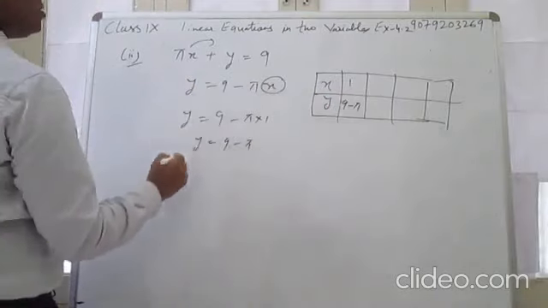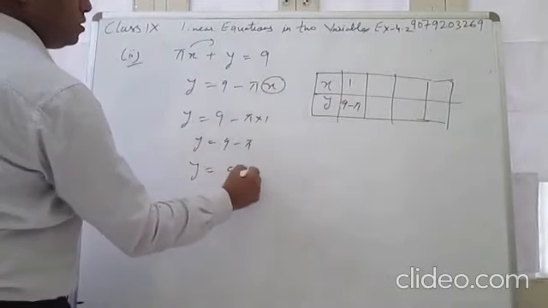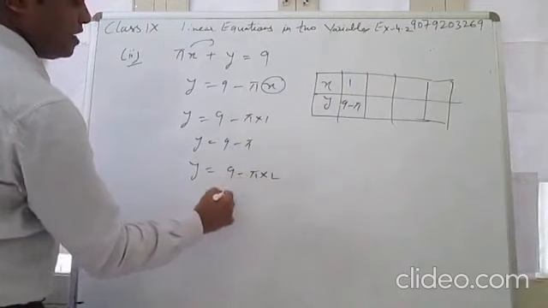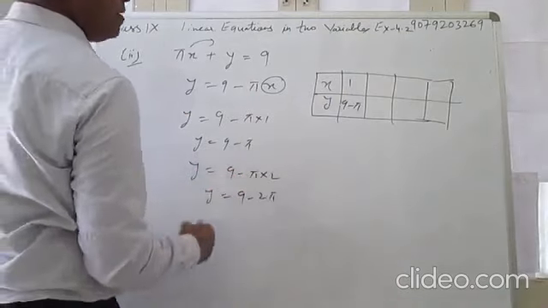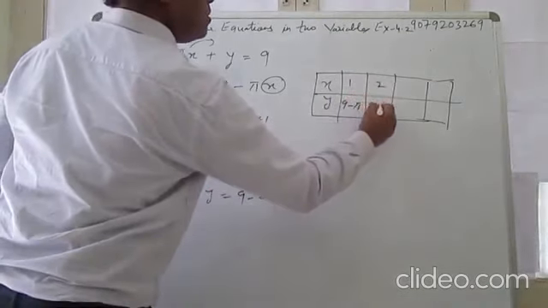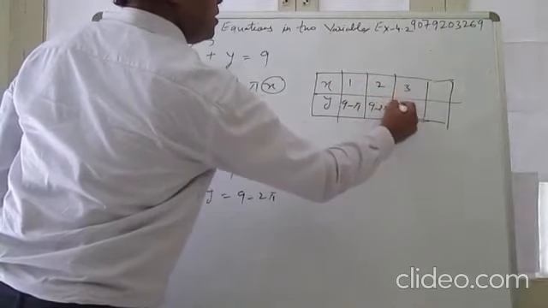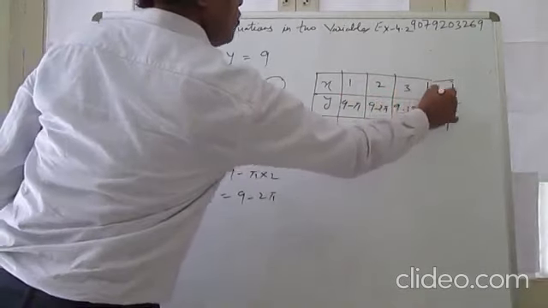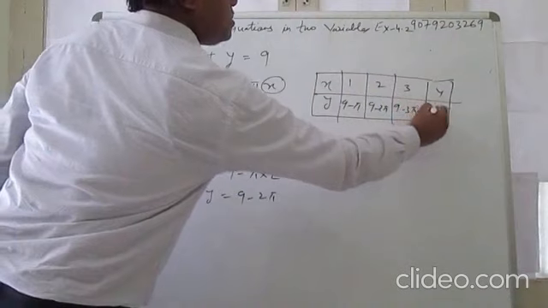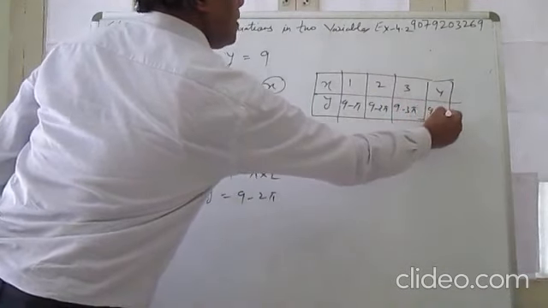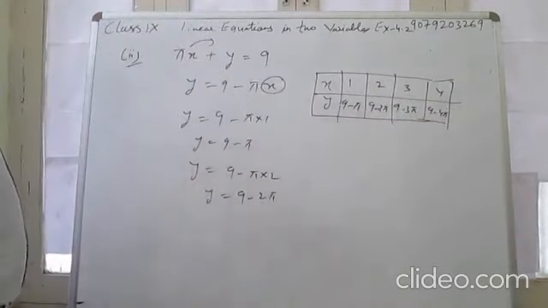If you take x is equal to 2, y equals 9 minus 2 pi. If x is 3, 9 minus 3 pi. If x is 4, 9 minus 4 pi. Now, I will take question third.